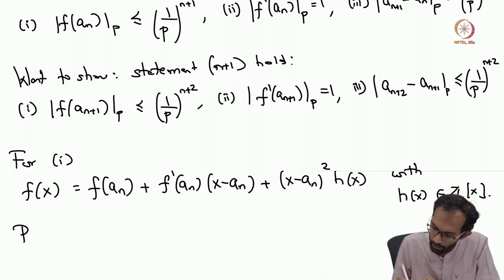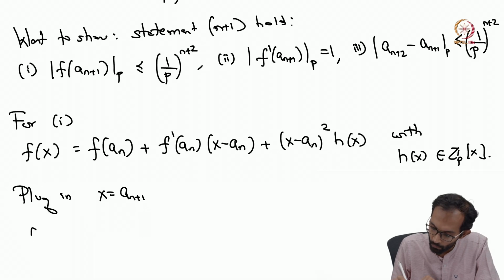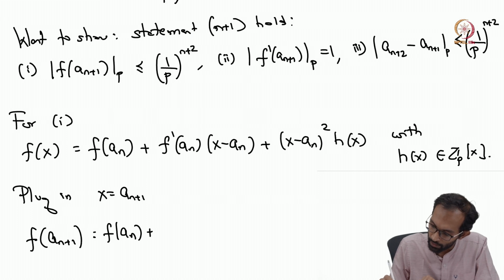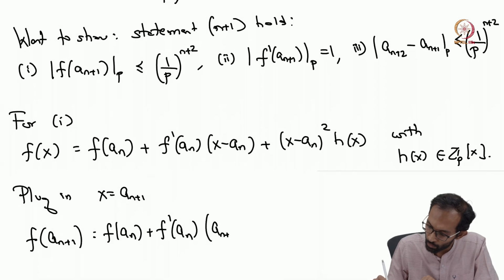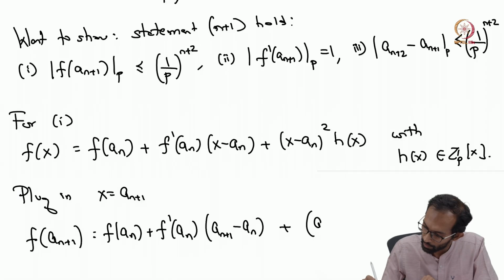Okay, and now if you plug in, say x equals a_{n+1}, what do we get? We have f(a_{n+1}) equals f(a_n) plus f'(a_n) times (a_{n+1} minus a_n) plus (a_{n+1} minus a_n) squared times h(a_{n+1}).